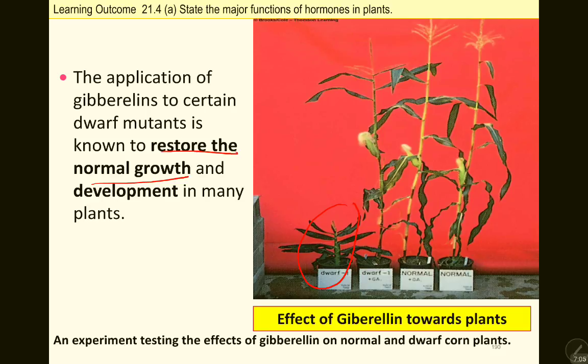But if you apply gibberellin, the dwarf plant can become tall, because it can restore the normal growth. But if the plant originally is normal and you apply gibberellin, there is no effect on them. They cannot grow even longer.